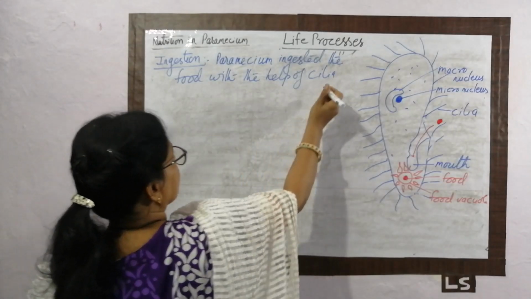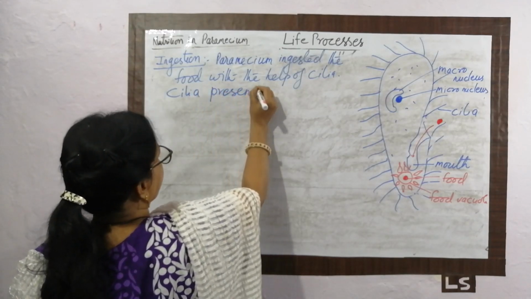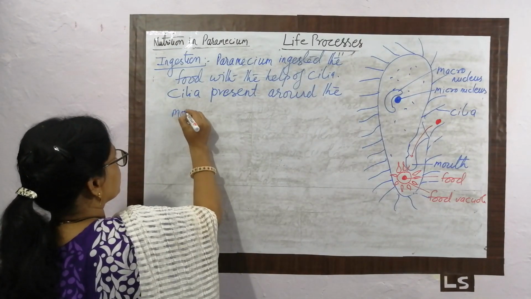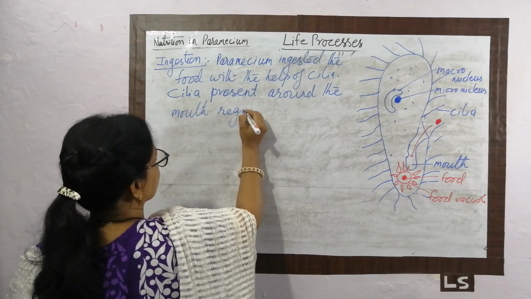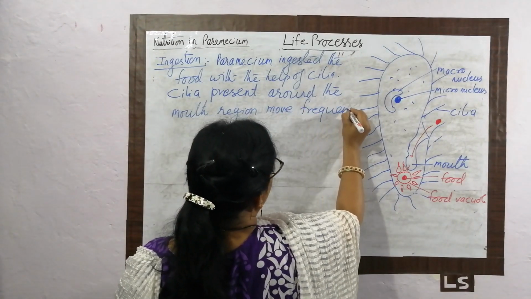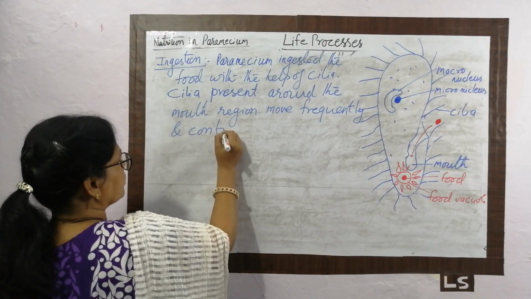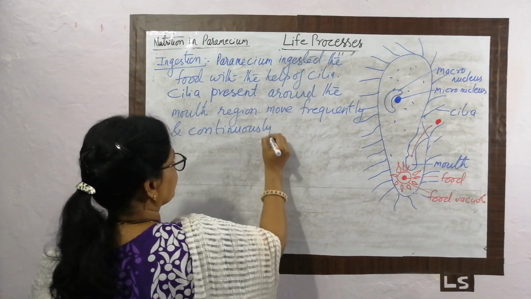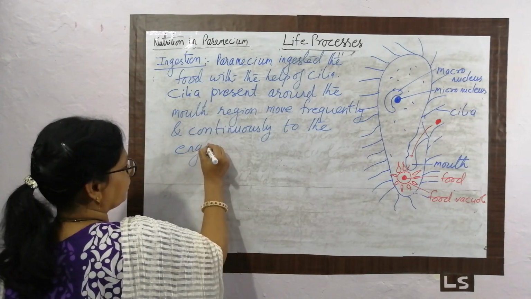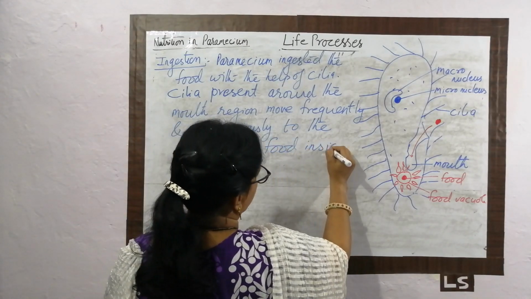Cilia present around the mouth region move frequently and continuously to collect the food, to engulf the food inside the mouth.